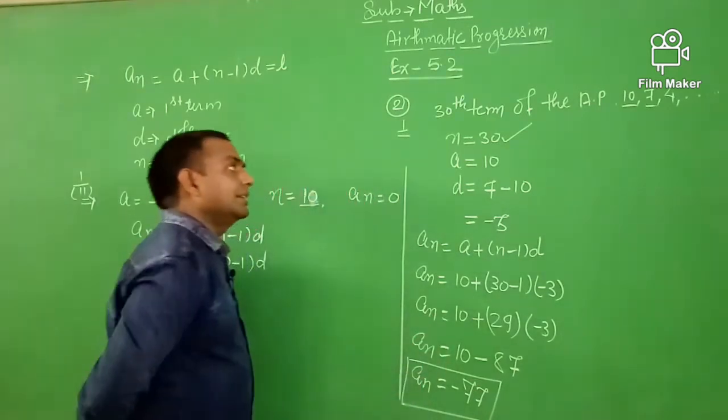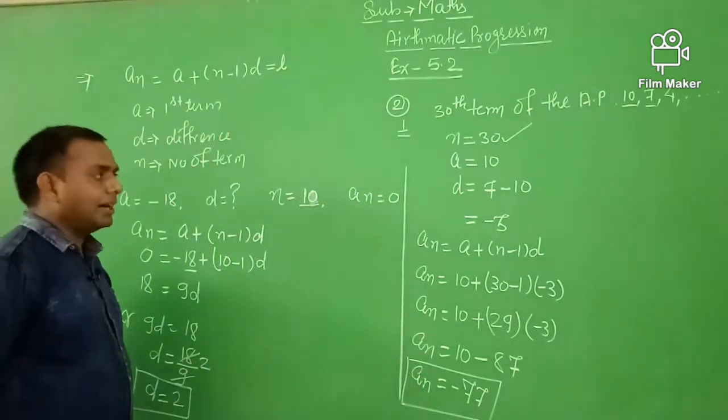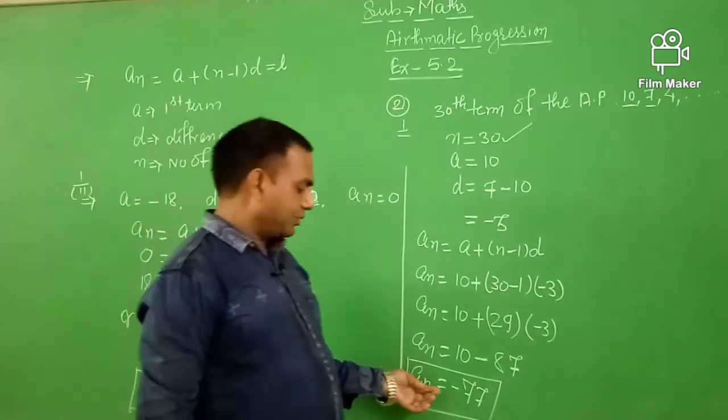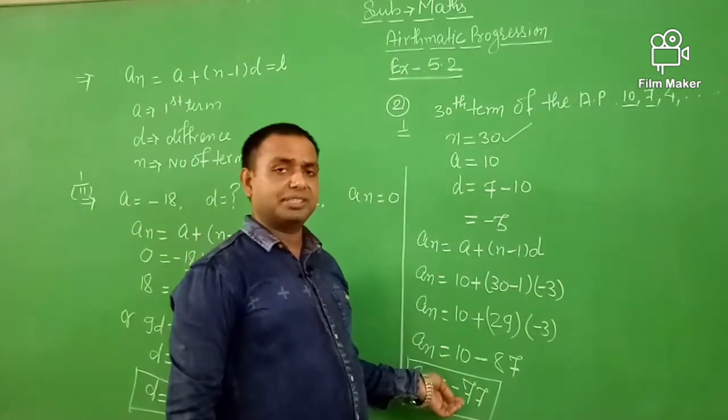So the 30th term of that AP is minus 77.